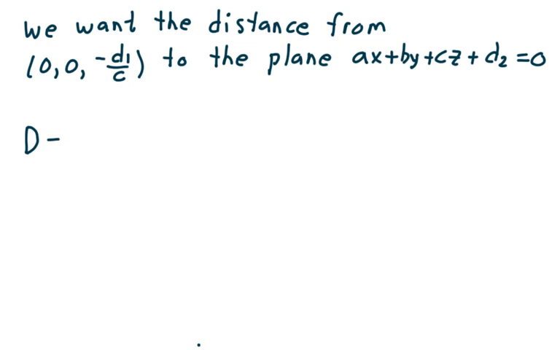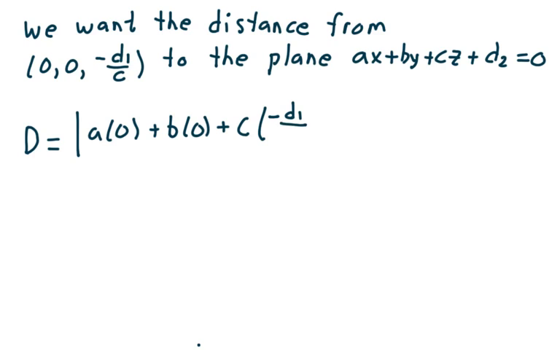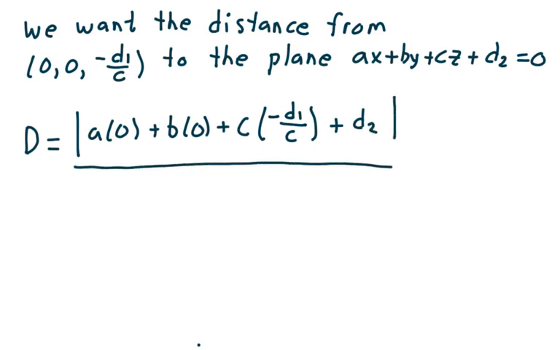capital D is the absolute value of A times 0 plus B times 0 plus C times negative D1 divided by C, okay, plus D sub 2, divided by, and then I get the square root of A squared plus B squared plus C squared.